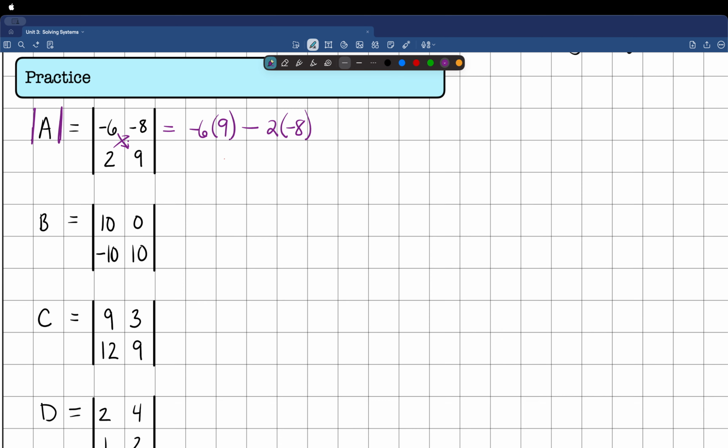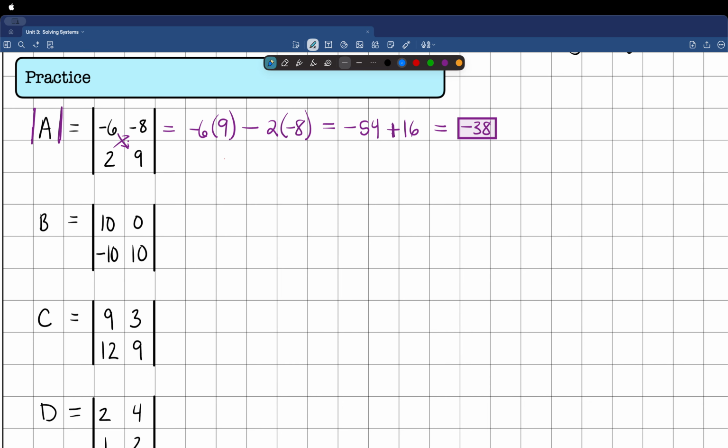Okay, and this is going to give us -54 plus 16, which is going to give us negative 38. So this determinant is going to tell us if these were the coefficients, this would be a one solution. But for now, we're just going to focus on calculating the determinant here.